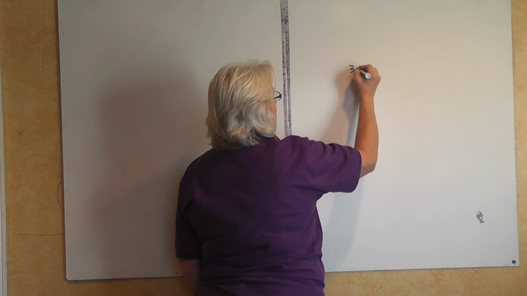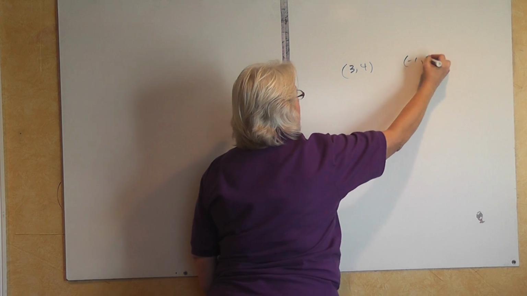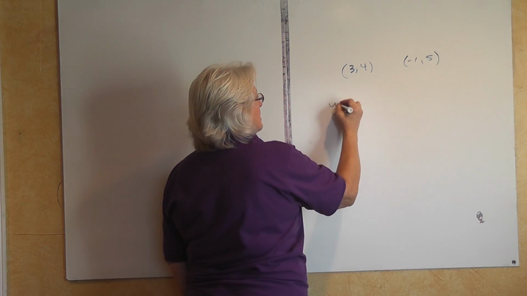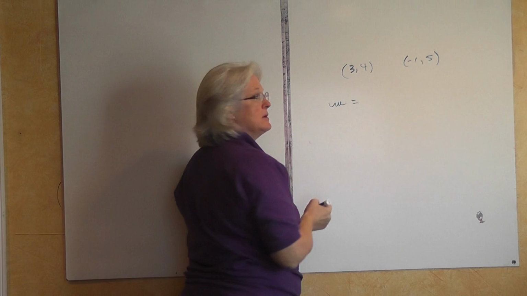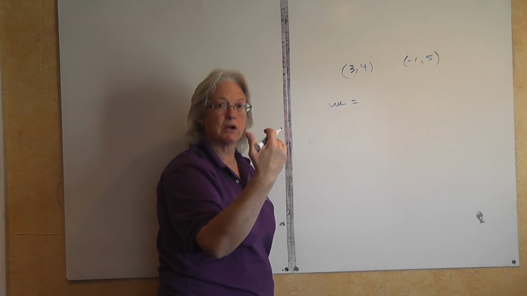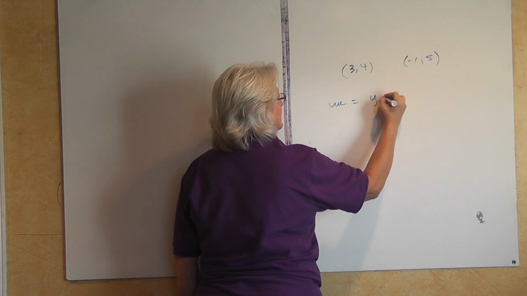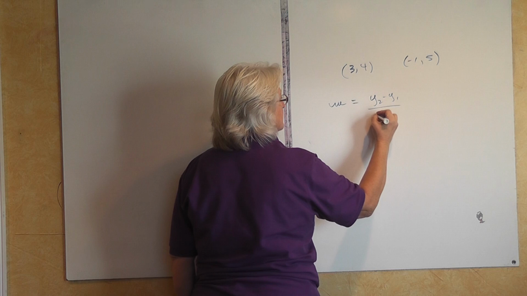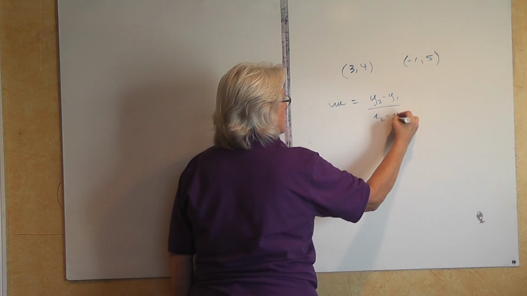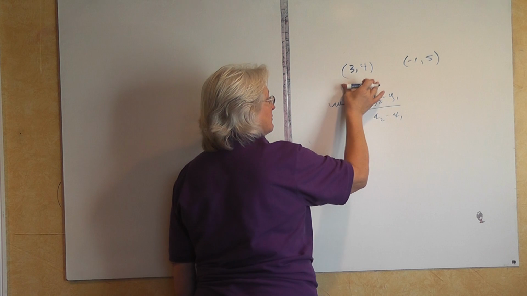We have the slope of a line passing through the points (3, 4) and (-1, 5). The slope is the y coordinates subtracted divided by the x coordinates subtracted. Something that I like to do is I automatically begin with the first point.